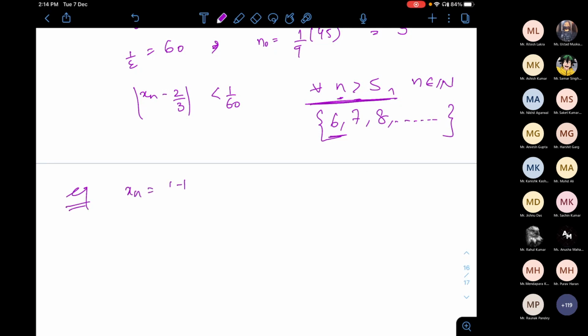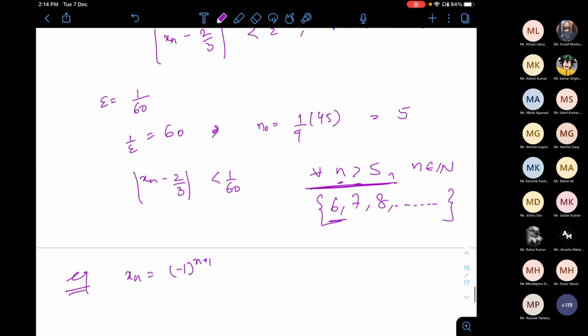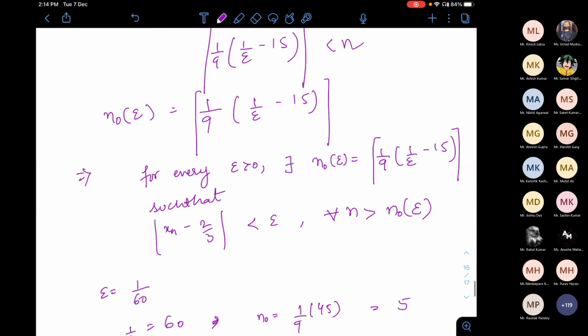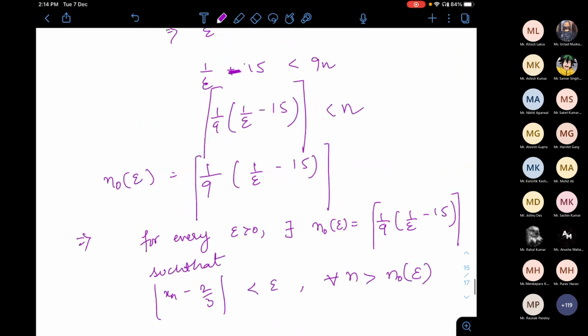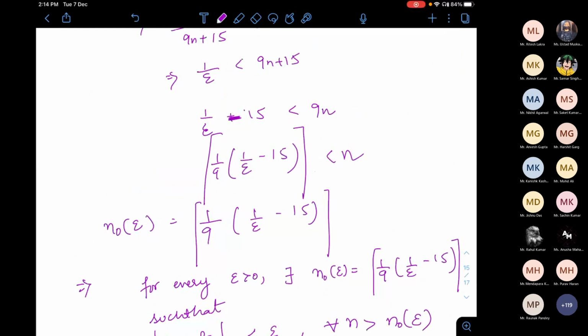Teacher, I have a doubt. Before this example, we were taking the ceiling function only on the epsilon part, but in this case, we are taking the ceiling function on the whole part, the constant also.